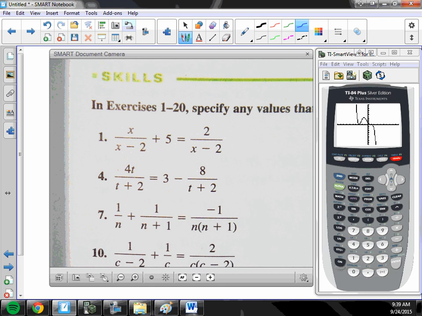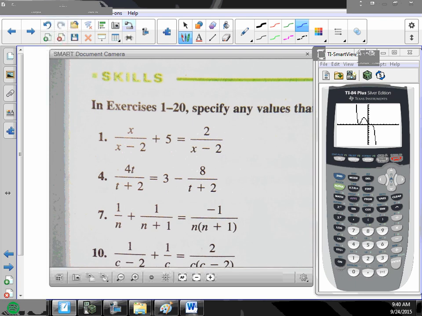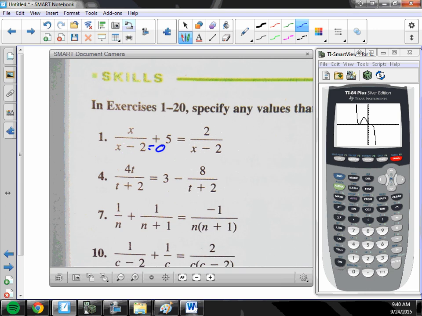Are there any answers that simply can't be part of the solution? 2 and any others? No. So where did you get the 2 from? If you set this equal to 0, then you would have 2 divided by 0, which is infinity, which we can't graph on the number line, so it doesn't count.